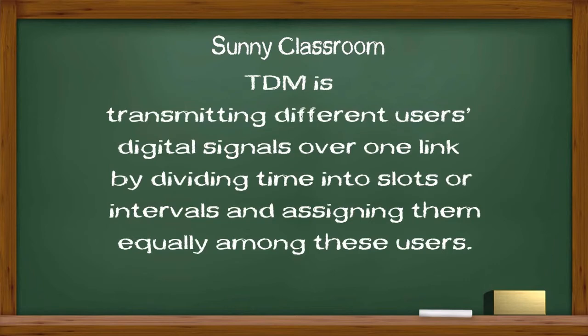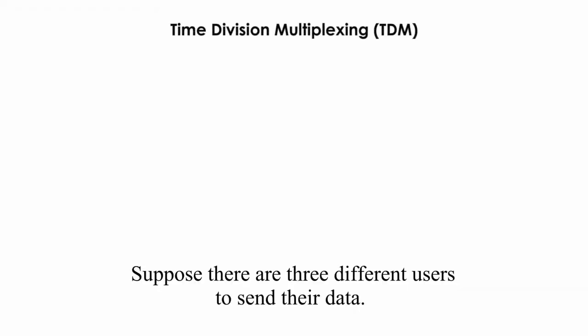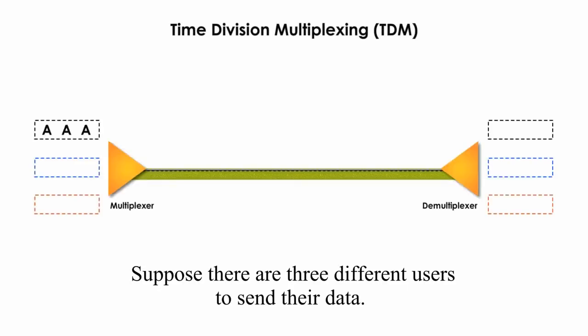TDM is transmitting different users' digital signals over one link or one media by dividing time into slots or intervals and assigning them equally among these different users. Let's look at one example. Suppose there are three different users to send their data.